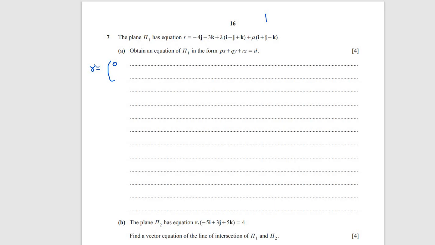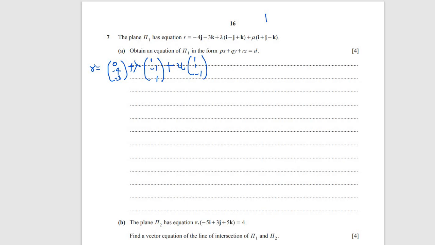There is no i, there is j minus 4 and there is k minus 3, plus lambda, a scalar constant. i is 1, j is minus 1 and k is 1 from the equation, plus another direction mu (1, 1, minus 1). So you are asked to obtain the equation of the plane.